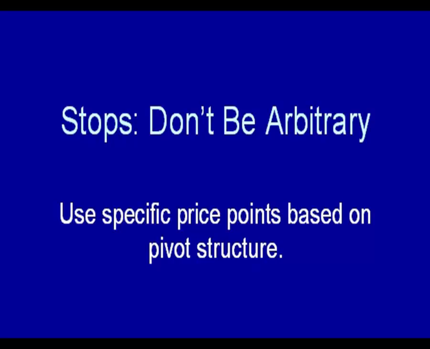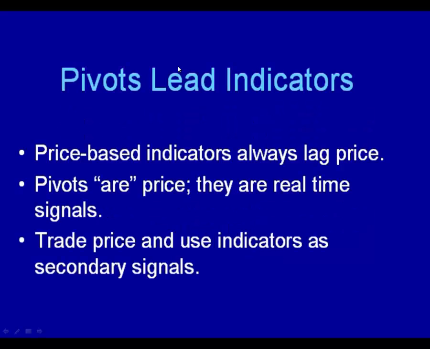All right? But again, the idea here is you want to be in the trades that we look for. Get in there with at least 1. Get something on the books. Put your stop where it needs to be, not where you think you want to put it, where it must be. And there's a specific point, and that's based upon the pivot structure that we've been talking about. Okay?